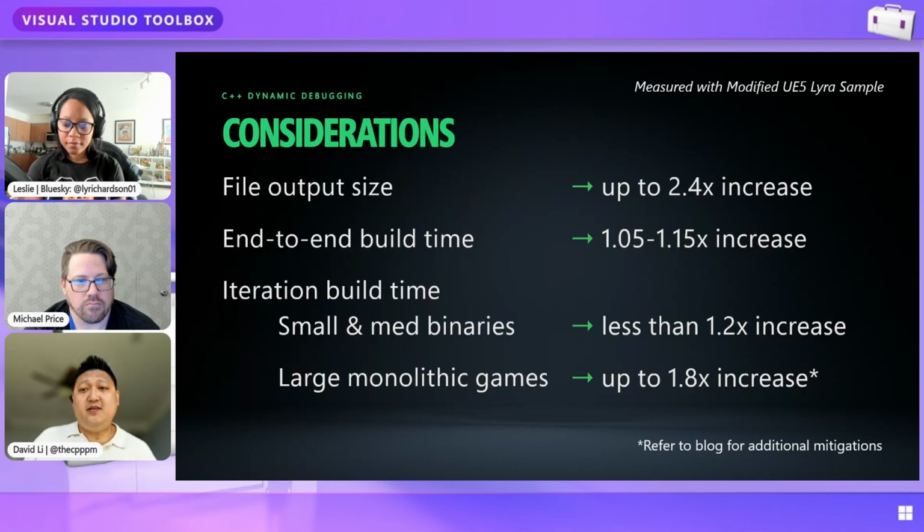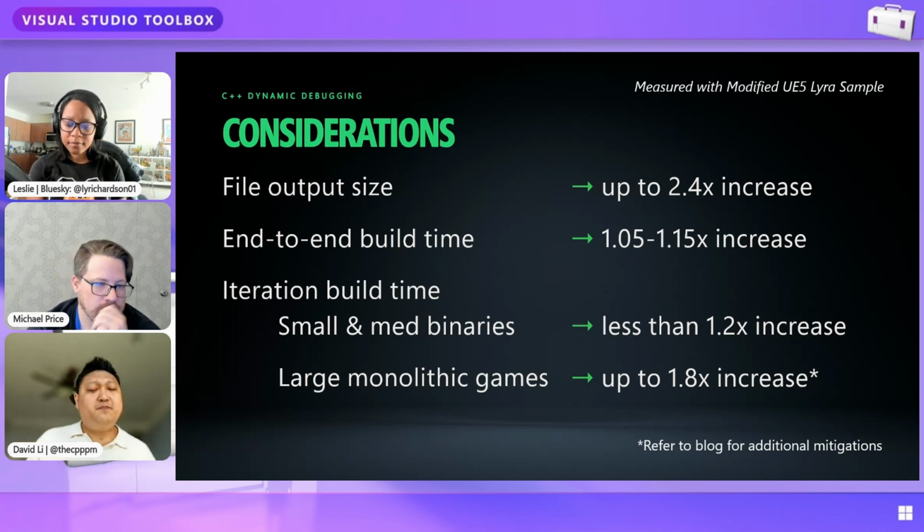Of course, Leslie, as you mentioned, there are some considerations to this mode. In our tests with a modified UE5 Lyra sample, we saw some file output increases as well as build time increases. However, we want to emphasize that you're still winning a lot on overall iteration time because all of these are in the background.